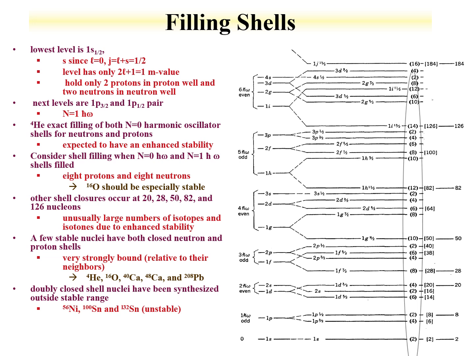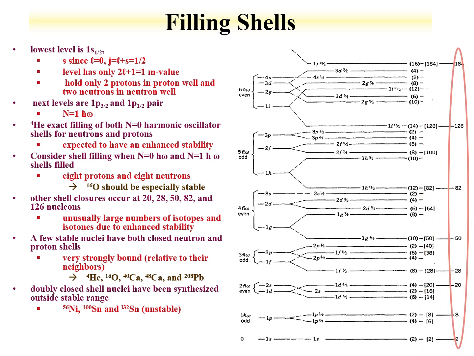The other aspect of the shell model is here, where we can see the number of nucleons, either neutrons or protons, that can fill a given shell, the total amount of nucleons at that given point that fill the shell, and then finally the magic numbers.